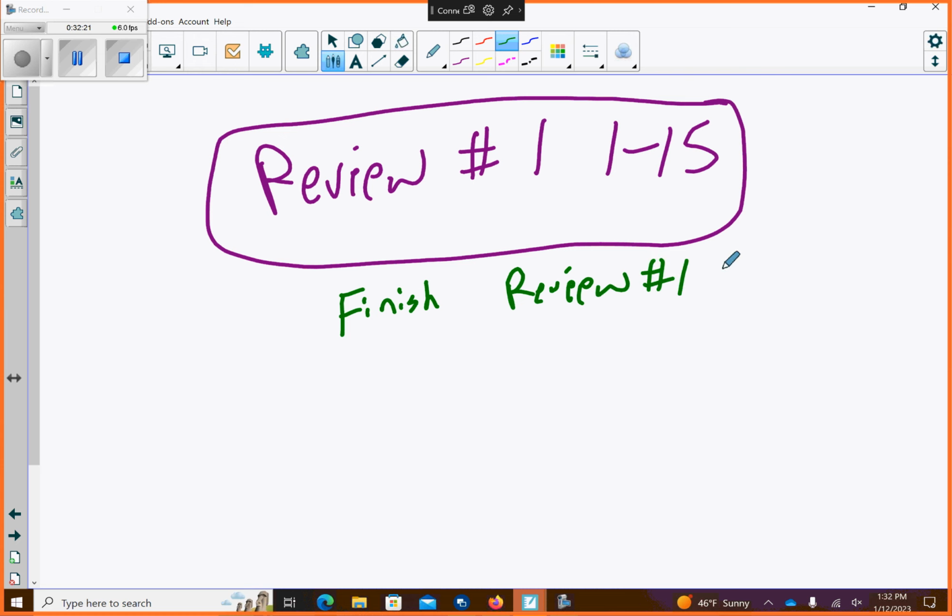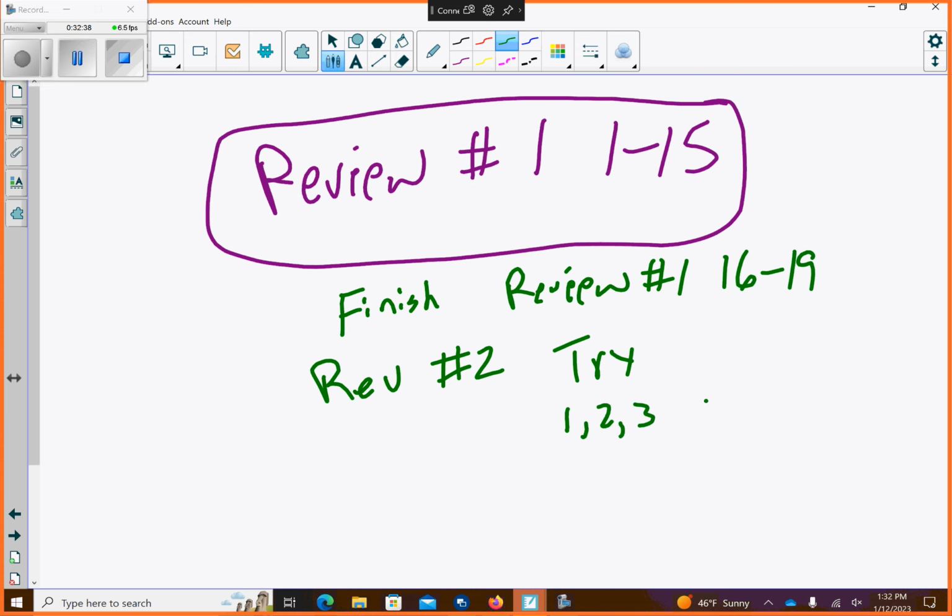I would like to make sure that 16 through 19 is done. And then on review number 2, I want you to try problems 1, 2, and 3 using Desmos how I just did it. Remember, we're looking for the x value only. And that's where it crosses at the point. Okay? Set each side equal to y. Y equals the left side, y equals the right side. Graph the two and see what happens.